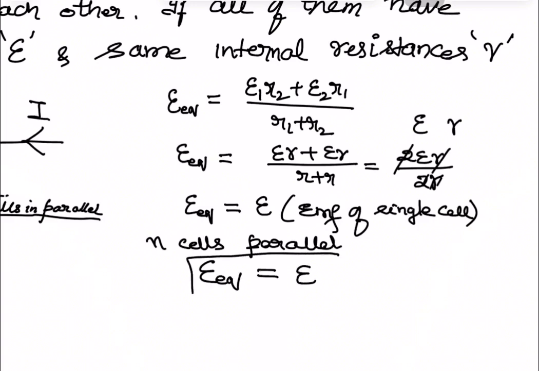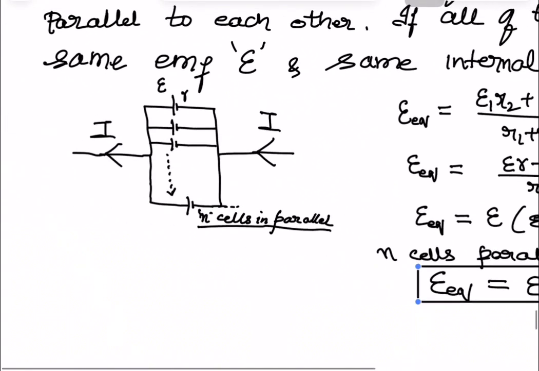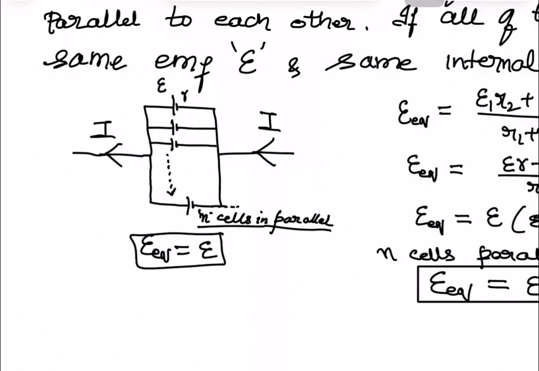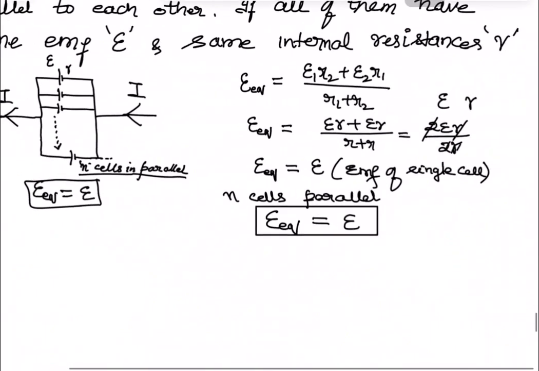Suppose 1.5 volt cells, some 10 cells, are connected in parallel. What is the equivalent EMF of this combination? It is just 1.5 volts. So, hence equivalent EMF for this combination is just the EMF of a single cell.